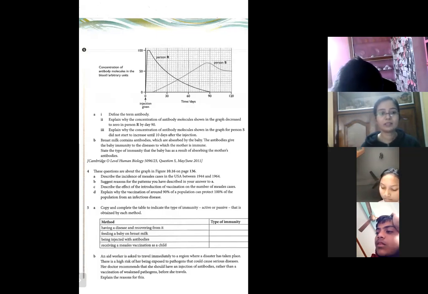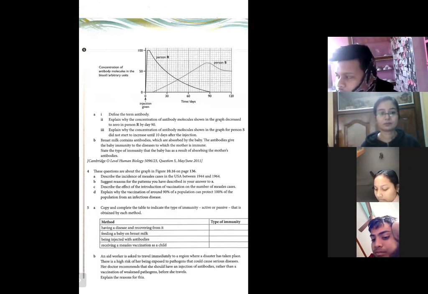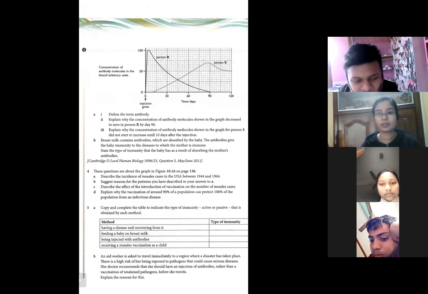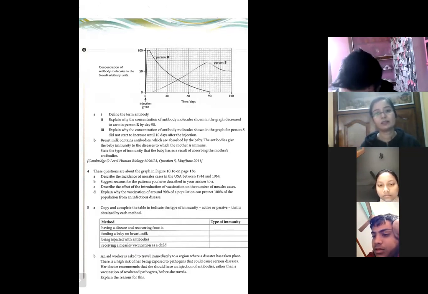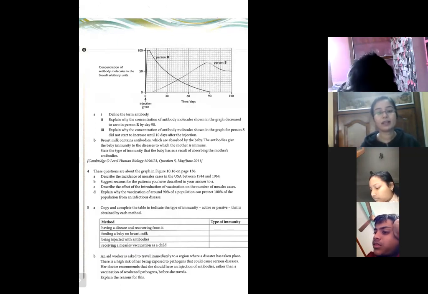The baby gets passive immunity. As the newborn babies cannot make antibodies themselves. Okay, add this newborn word.